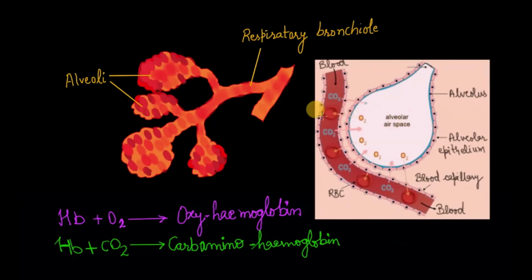So the concentration of carbon dioxide and oxygen is different in the blood and in the alveolar sac. The concentration of carbon dioxide is low inside the alveolar sac. So carbon dioxide from the blood moves into the alveolar sac and oxygen moves inside the blood, because the concentration of oxygen is more inside the alveolar sac as compared to that in the blood.